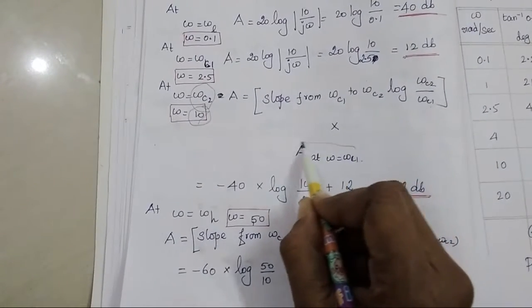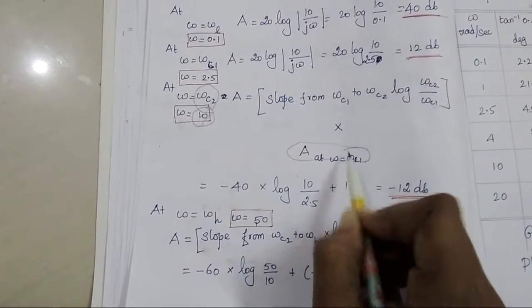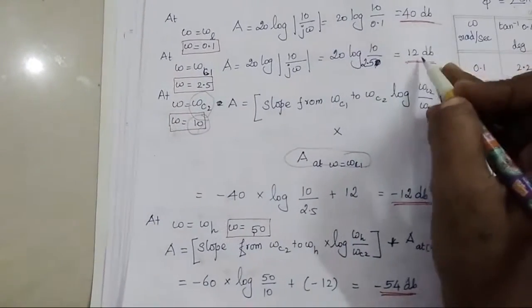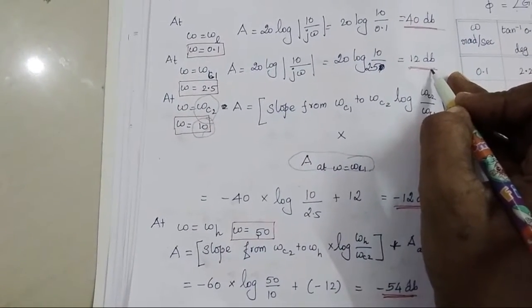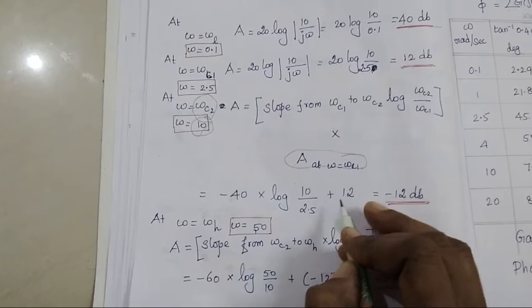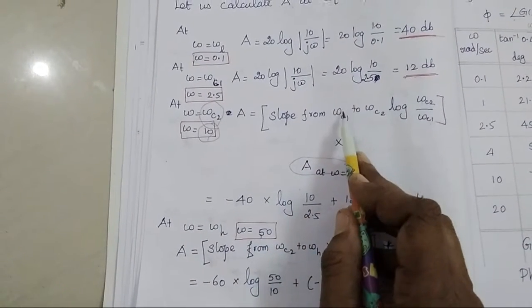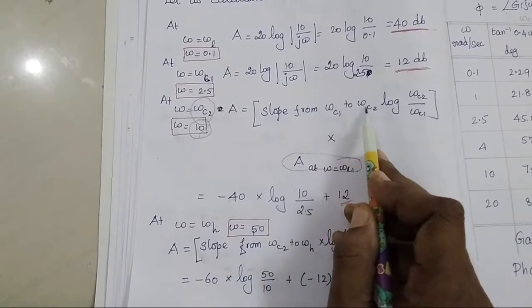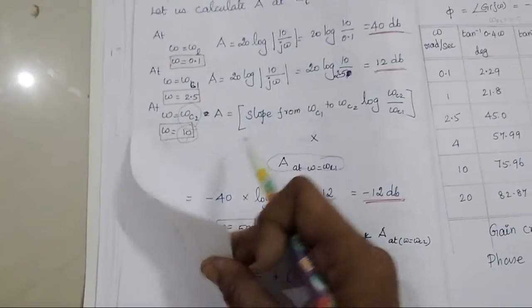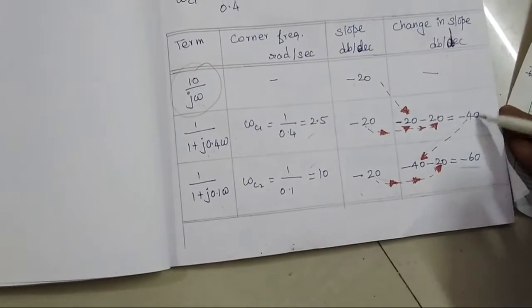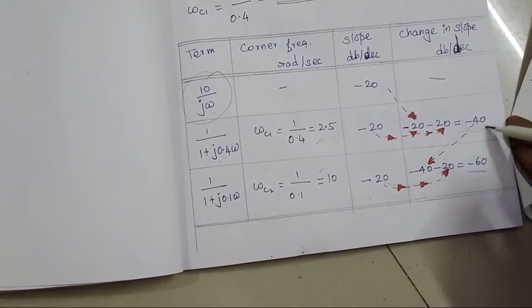We are all well aware that the gain at omega equal to omega C1 is 12 dB, so substitute 12 dB here. Then the slope from omega C1 to C2 is minus 40 dB per decade.